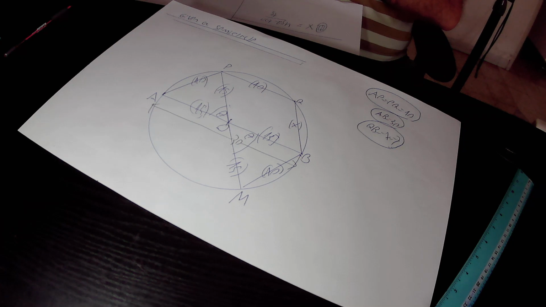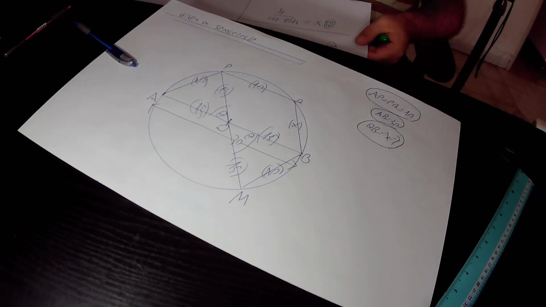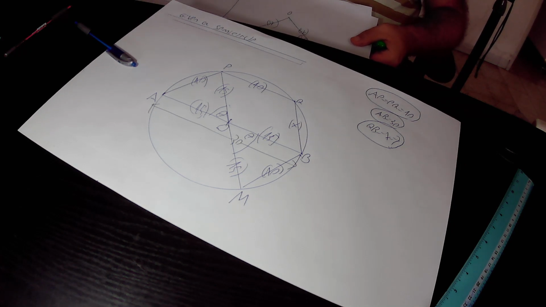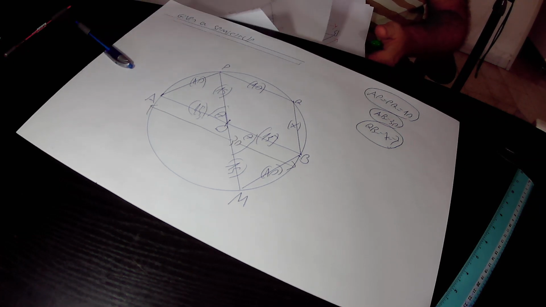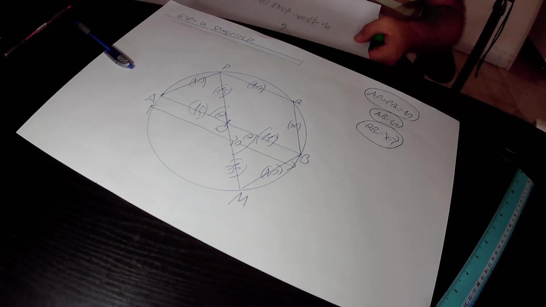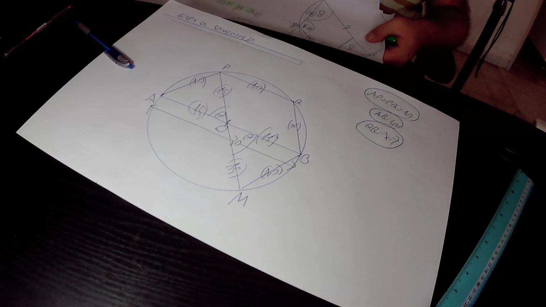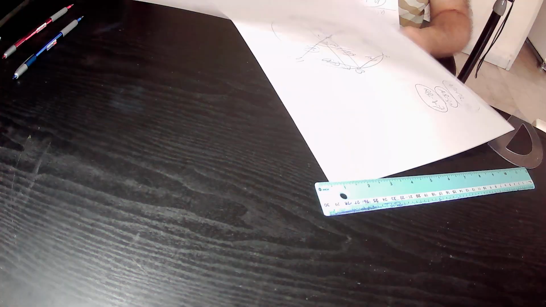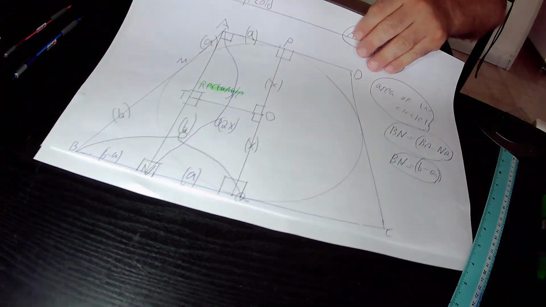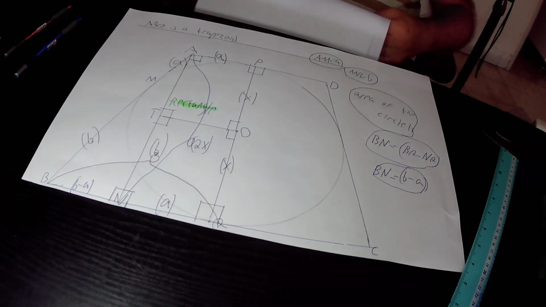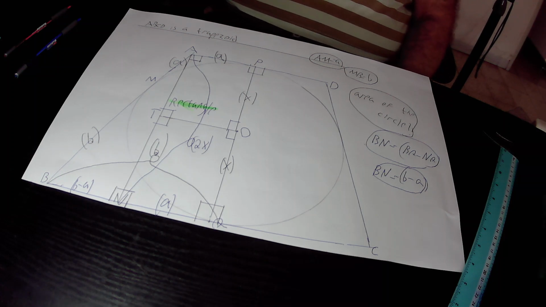We'll start with the first question, of course. The first question: our mission is to find out the area of this circle that is inscribed by this trapezoid ABCD.